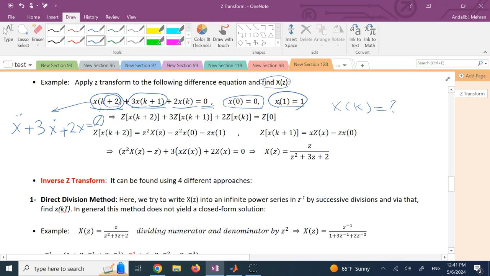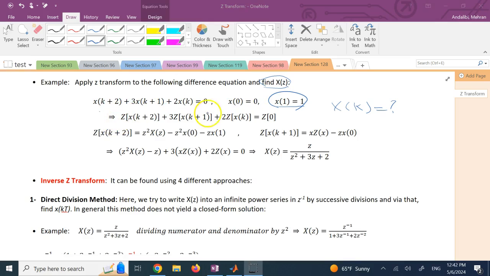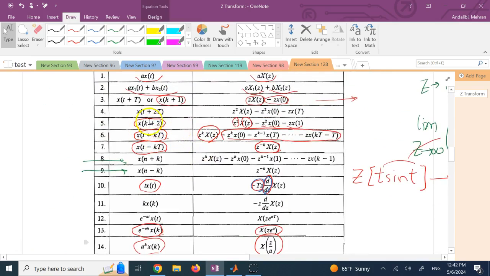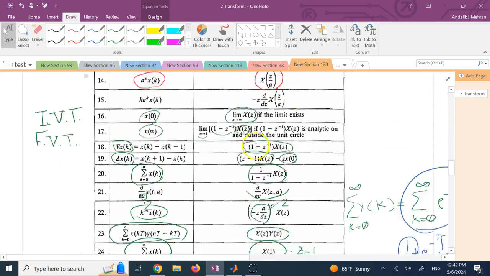So in order to solve that, we apply a z transform to both sides of this difference equation, and of course z transform of 0 is 0. But z transform of x of k plus 2, if we go back and look at the properties, is z squared x of z minus z squared x at 0 minus z times x of 1.